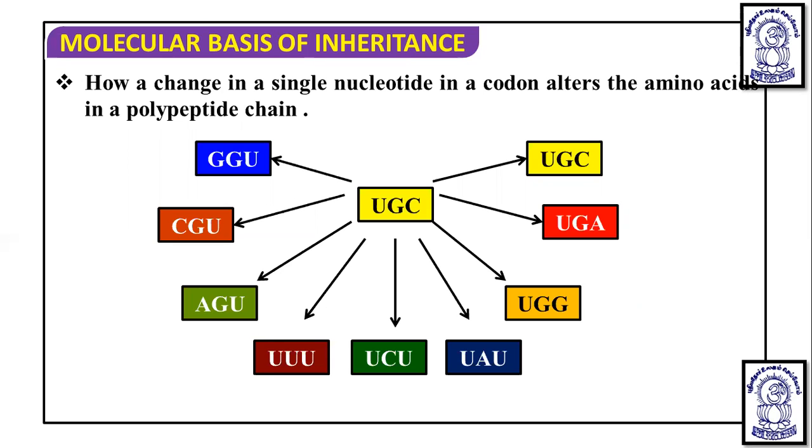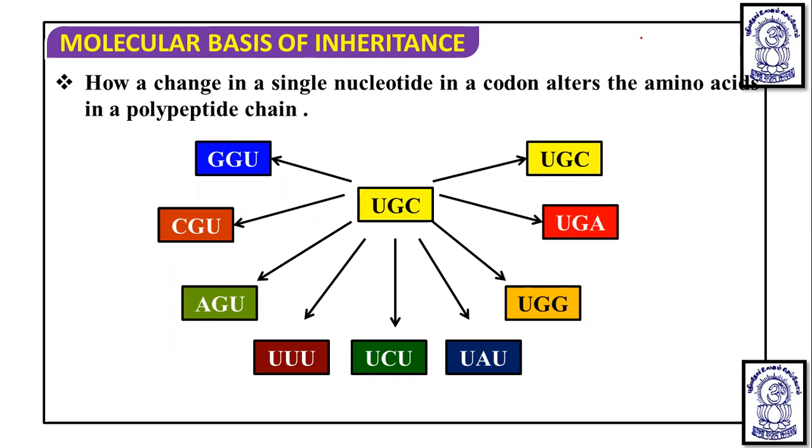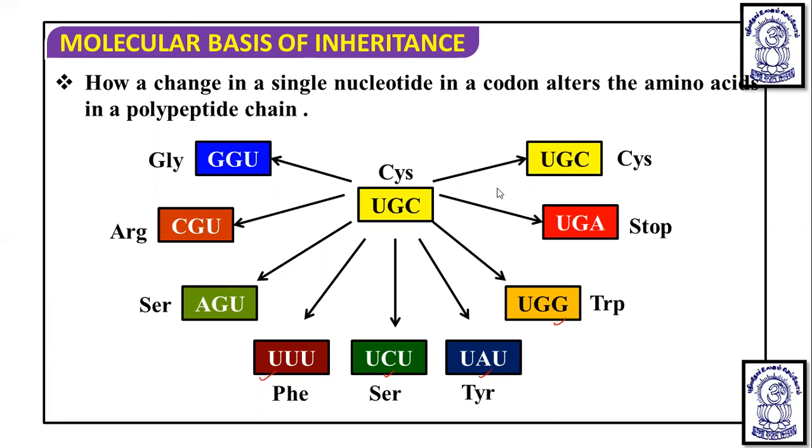If we keep U constant, and G and C are replaced, then UCU can be there, UAU can be there. If we keep U constant, then UGG will be there. In the same way, if you keep UG constant, then the last base A will be changed, or C will be changed, such that a change in a single nucleotide affects the codon and the codon gets changed.